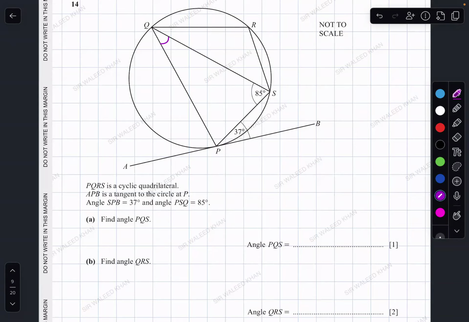Now, looking at this, they haven't asked us for any reason, but just to tell you about the alternate segment theorem. Read about it, which हम लोगों ने notes में लिखा हुआ है. Still, if somebody is struggling with that, they can ask. Alternate segment theorem, it's the angle between the tangent and the chord.